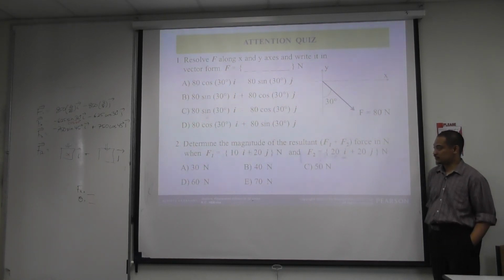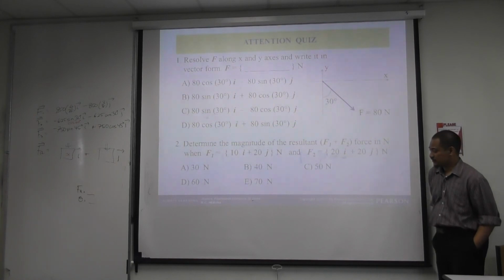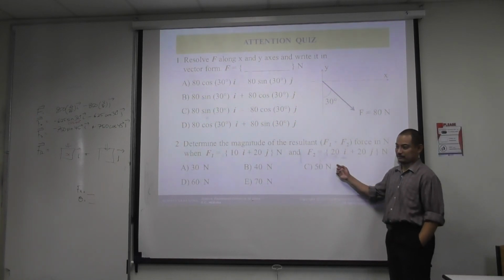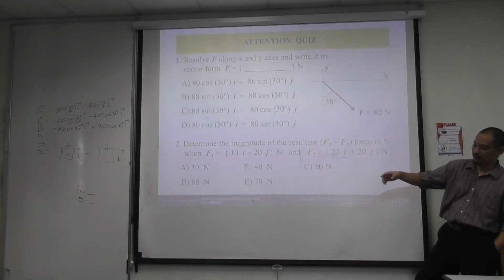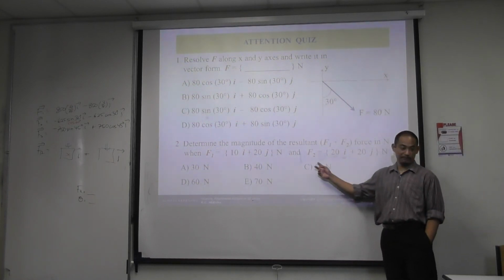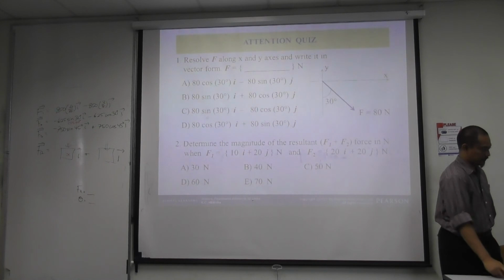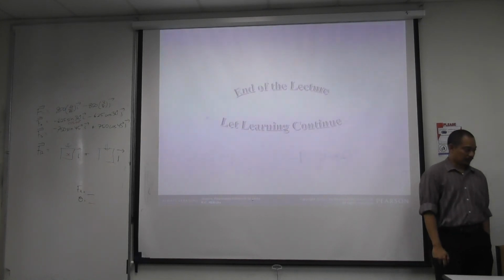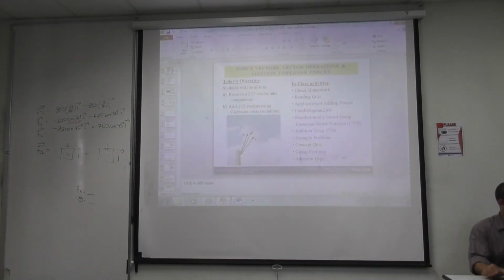How do you get your answers? You get 30i plus 40j, right? And then whether you do Pythagoras or 3-4-5 ratio, you get 50, right? Okay, that's the end of this part.